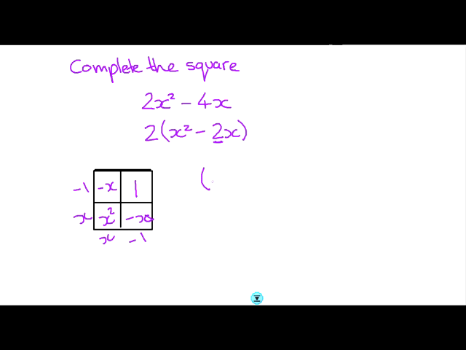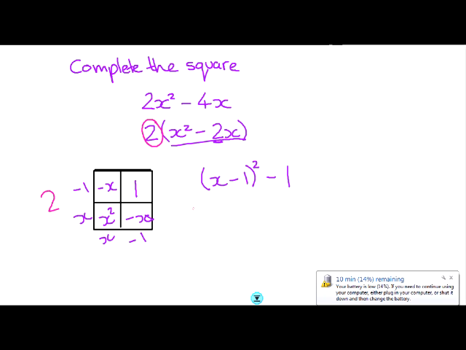So that would give me x minus 1, the length of the square, squared to give me the area, but I've got to take away what I added in when I completed it to make it exactly the same as this bit in the brackets here. However, we cannot afford to ignore this 2. And technically what it's saying is there should be 2 of these, 2 of those.